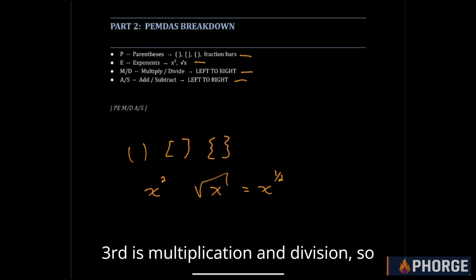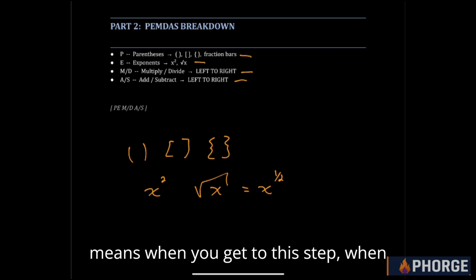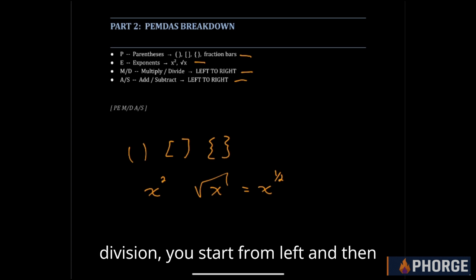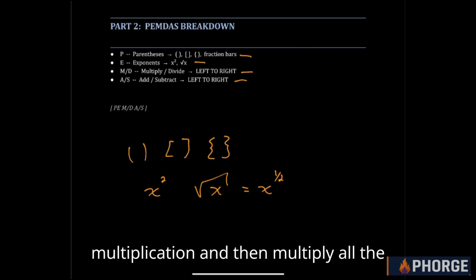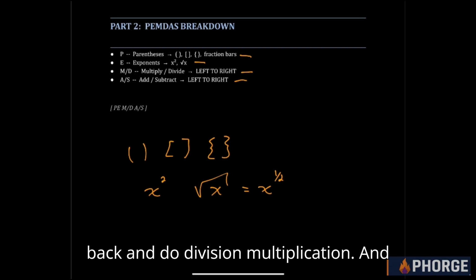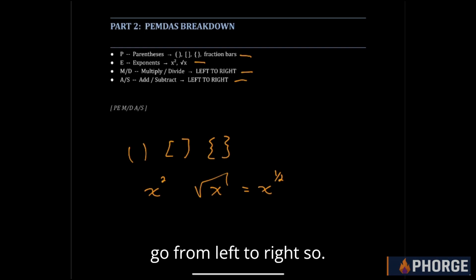Third is multiplication and division. They have the same priority. That means when you get to this step, when you're looking for multiplication and division, you start from left and then work your way right. You don't just do multiplication all the way through the expression and then come back and do division. Multiplication and division have the same priority, so you go from left to right.